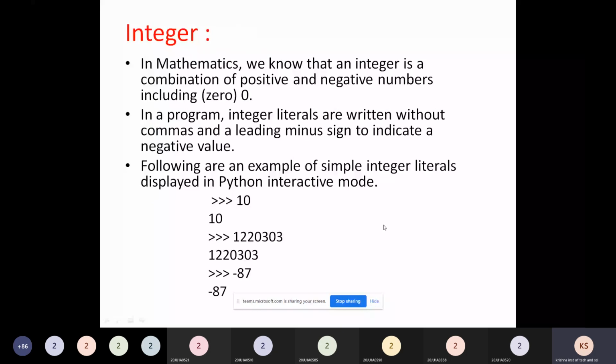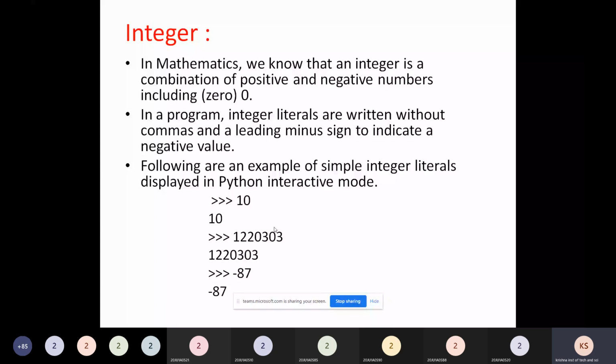Next, integer. In mathematics, we know that an integer is a combination of positive numbers, negative numbers, and including 0. Positive numbers are plus numbers: plus 10, plus 20, plus 3, whatever it is. Those with a plus symbol before the number are treated as positive numbers, and negative numbers come with minus 10, minus 30, minus 40, including 0 also.